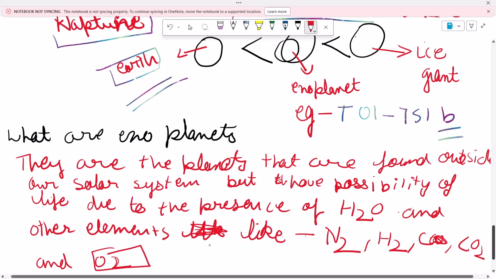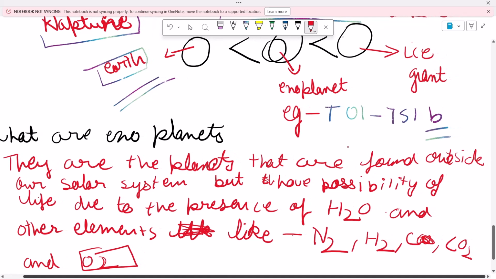Oxygen is rare to find on any exoplanet. We have not found any proof of life existing on any planet, but we regard such a planet as a super Earth or an exoplanet because it has the possibility of life due to the presence of water and other elements.